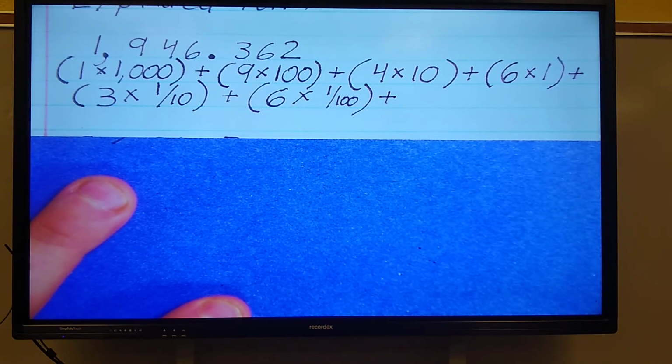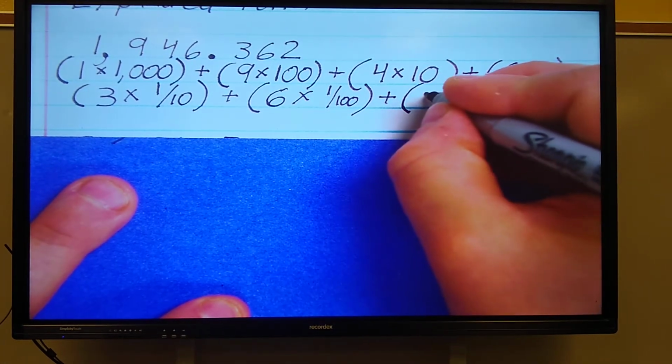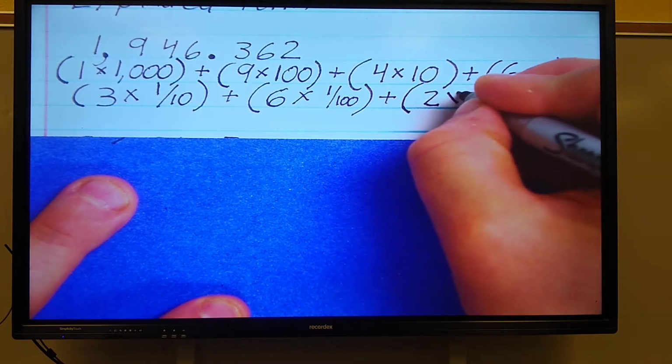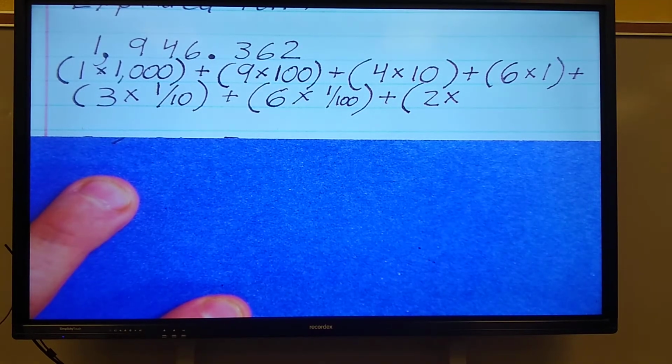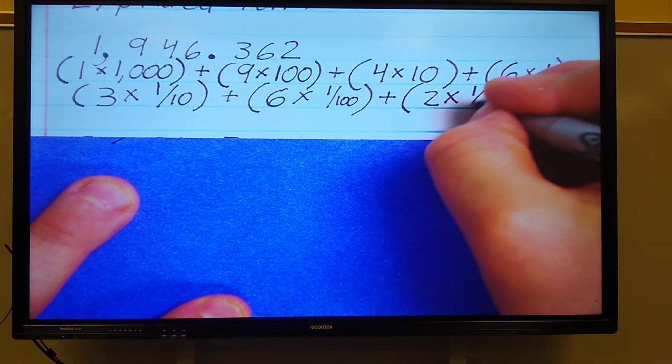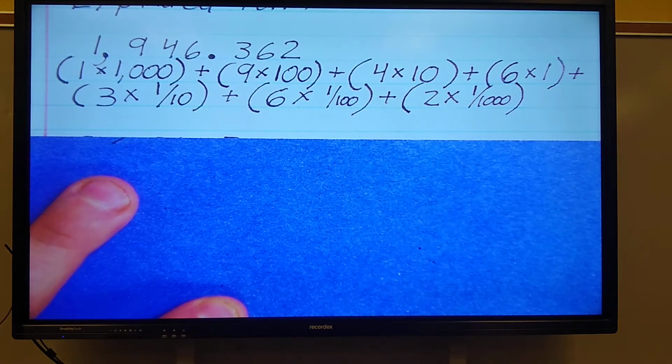Plus, parentheses, 2 times, that's in the thousandths place, so 2 times 1/1,000. 2 times 1/1,000.